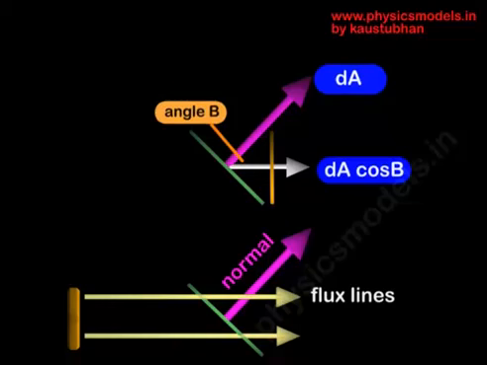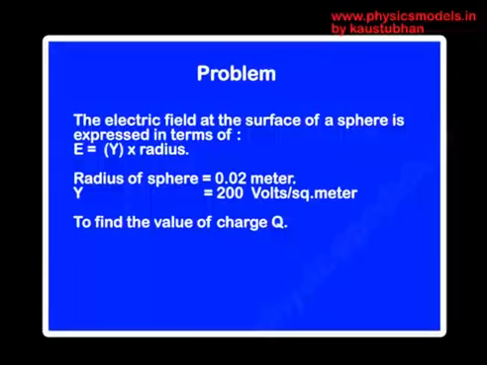If you draw a right angle triangle there between the pink arrow and the white arrow, the pink arrow acts as the hypotenuse and the white arrow is the base of that triangle, so therefore that is cos theta. If the pink arrow represents dA, then the white arrow is dA cos B. Could be cos theta or whatever we call that angle. This helps to calculate the flux through any tilted surface, no matter what angle it is.